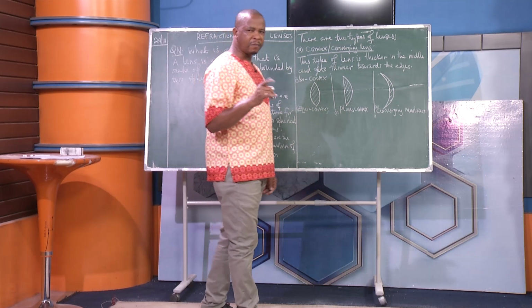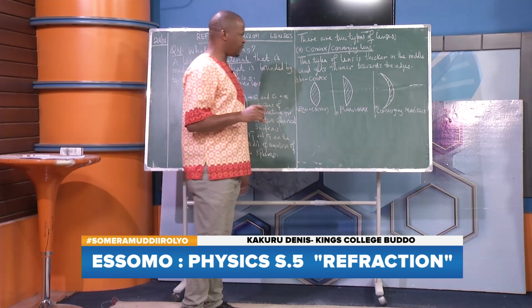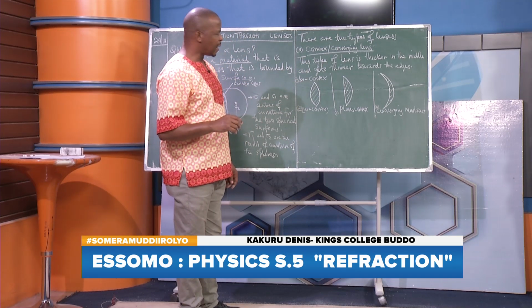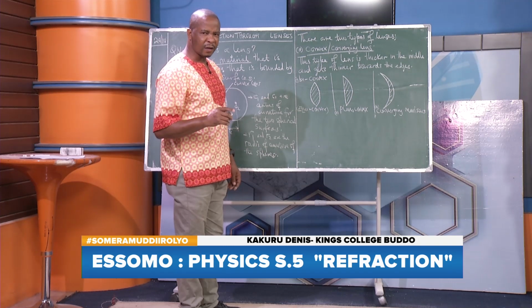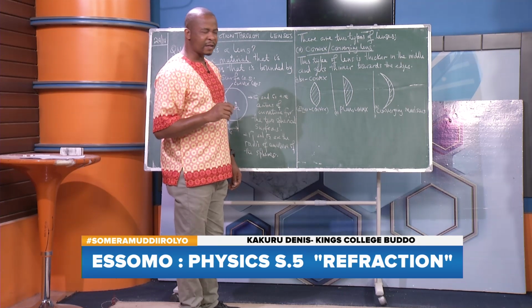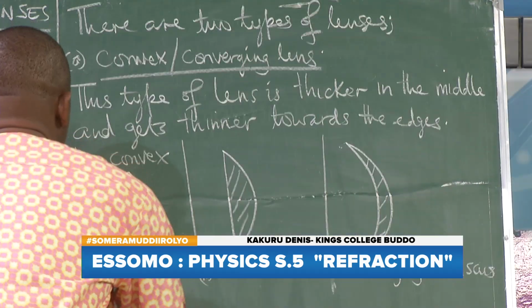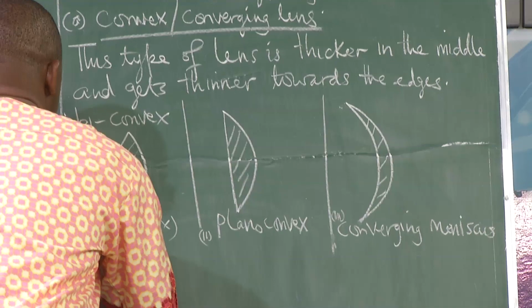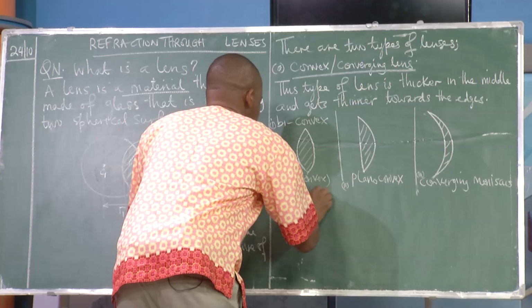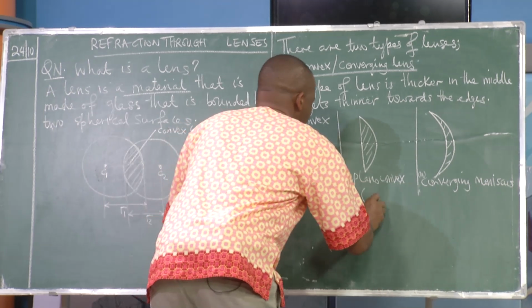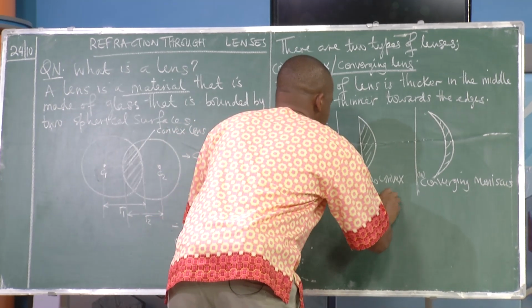The first type that we have seen is a convex lens. We shall shortly be seeing how the convex lens affects incident light. The other type of lens is the concave lens, which we can also call the diverging lens.